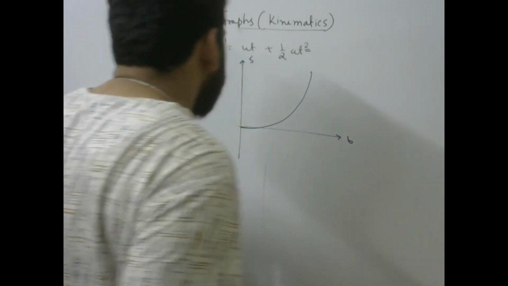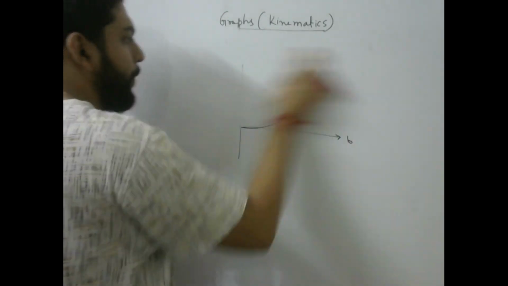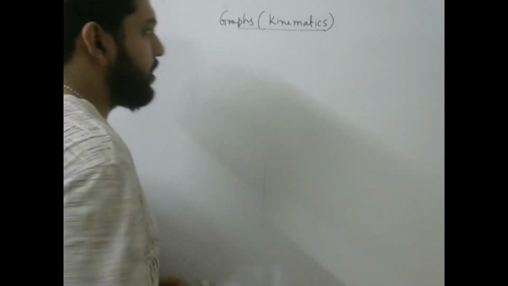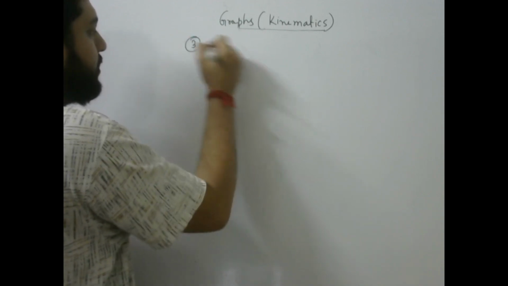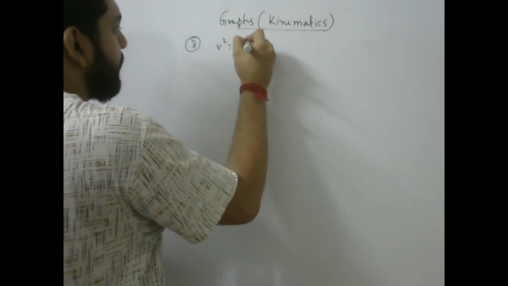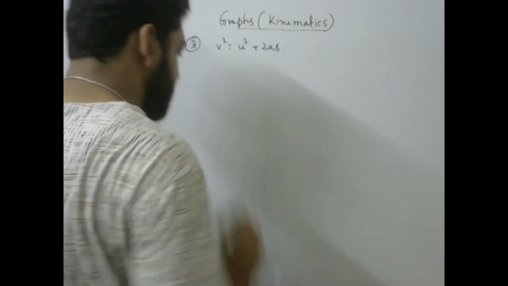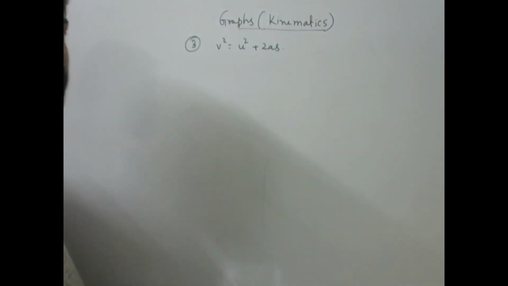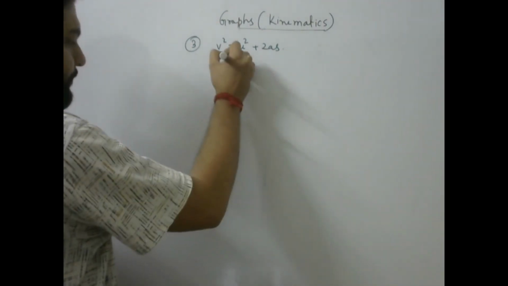Okay, let's move on to the next equation, the third equation of kinematics: v squared equals u squared plus 2as.